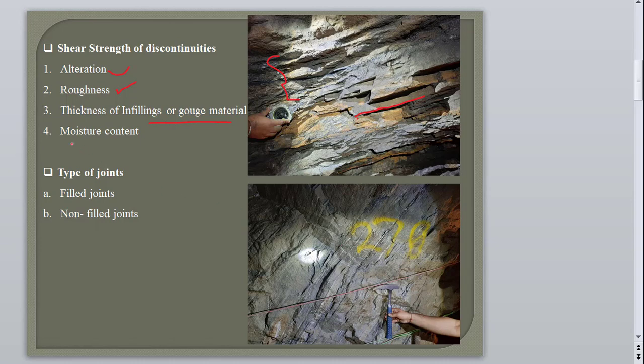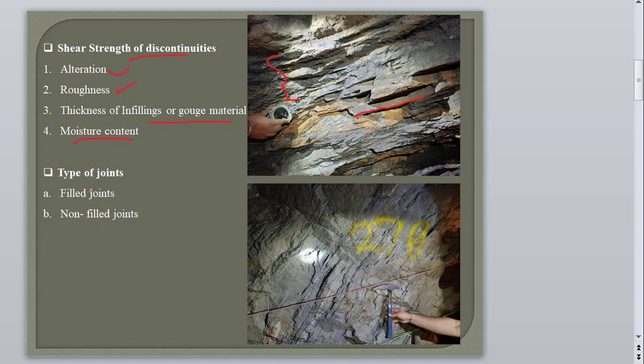The last point that affects the shear strength of the discontinuity is the moisture content. Moisture content means the quantity of water along the joint surface. If the quantity of water increases along the joint surface, the friction and shear strength will reduce, so the plane may slide along the joint surface or discontinuity surface.